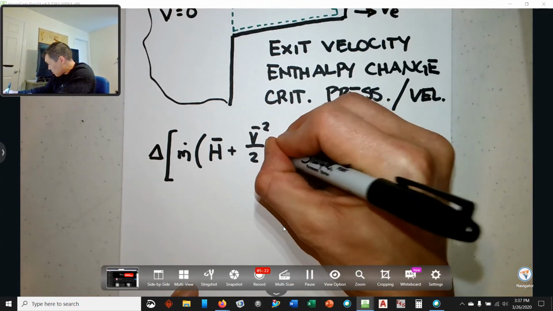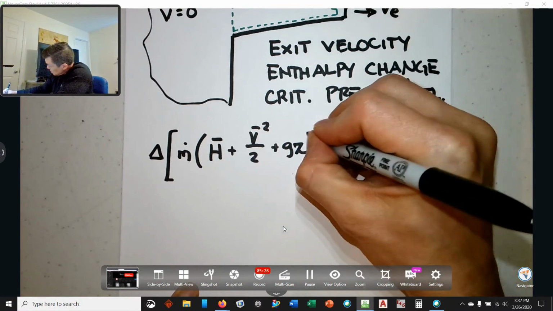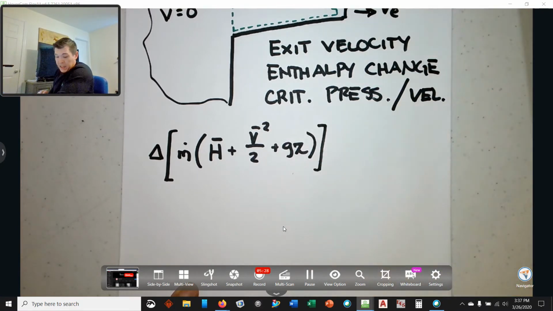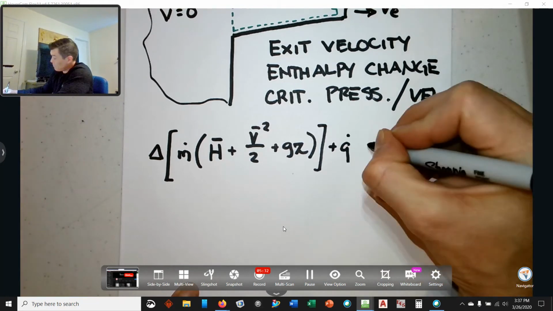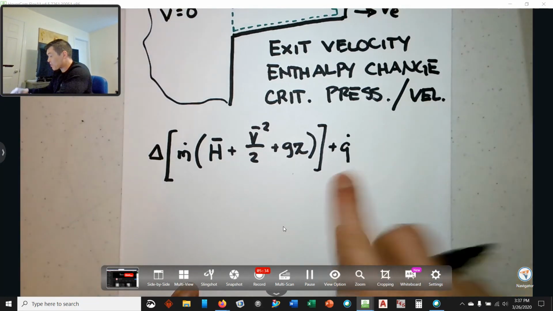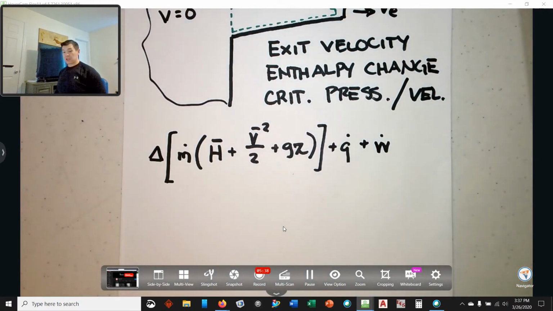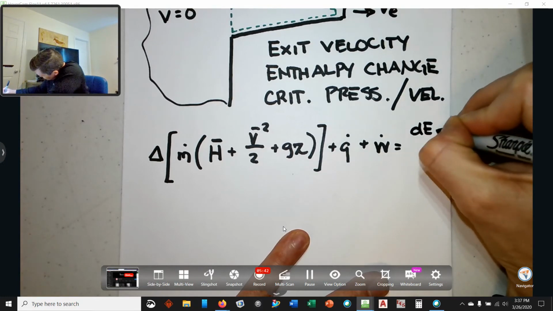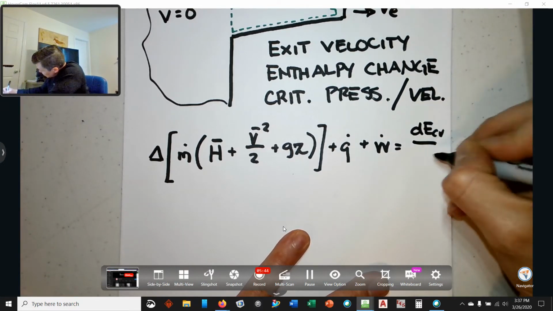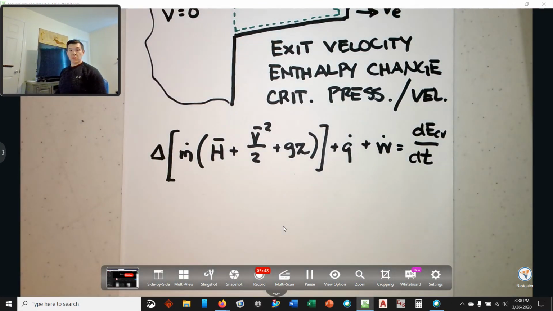But we could possibly have a gravitational potential, and possibly we could do work on the system, or we could have heat transfer. This is a statement of the first law, and that could equal a change in the energy in this control volume with respect to time. So that's everything that we could have.